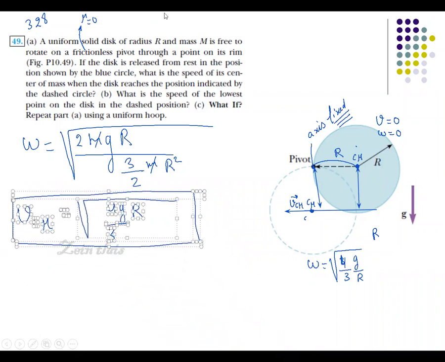What is the speed of the lowest point on the disk in the dashed position? I want to find the speed of the lowest point. Let's say this point is point A. Initially this point is here.